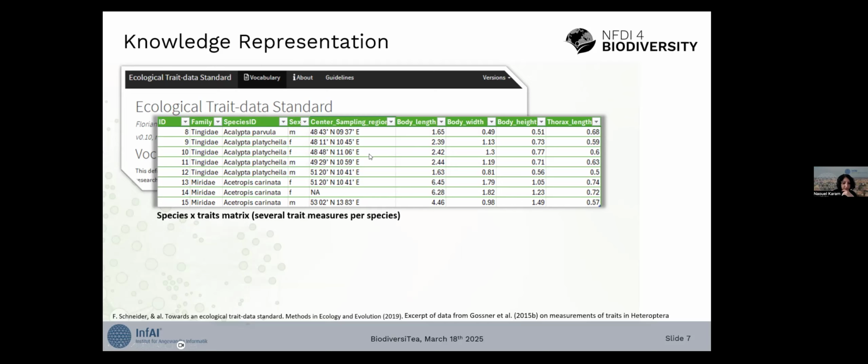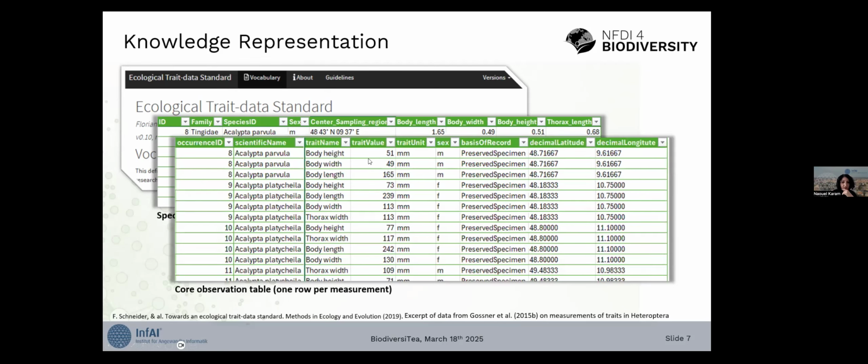And what is required is first to transform this table into a core observation table, which means to transform the columns into rows. So one row per measurement. You can see here, for instance, body height is now in a line with its name and trait value. So basically, for each line from the original table, we will have 4 new lines with the trait name and trait value.